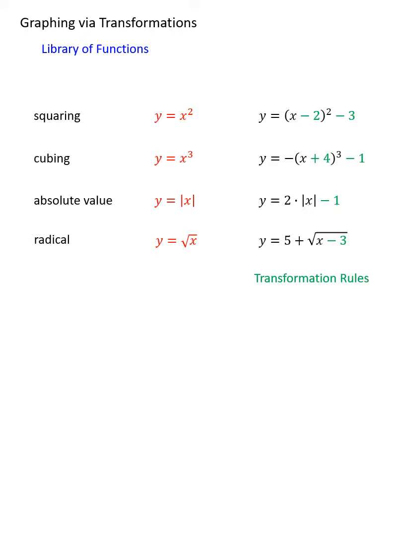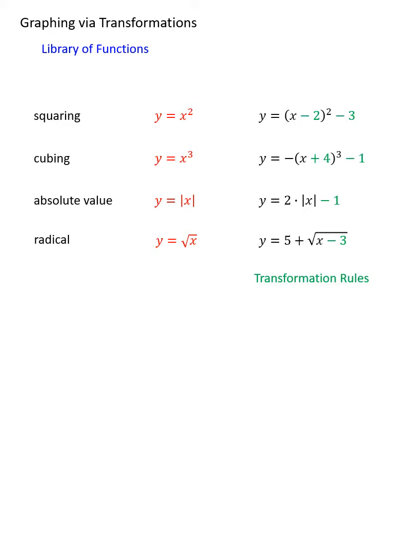So the purpose of this video is to learn all of the transformation rules that are associated with our library of 4 functions. Now, are there other functions that you might be asked to graph someday other than the squaring, cubic, absolute value, and radical? Sure, depending on your course, you may be asked to graph exponential functions, logarithmic functions, sines, cosines, and tangents.